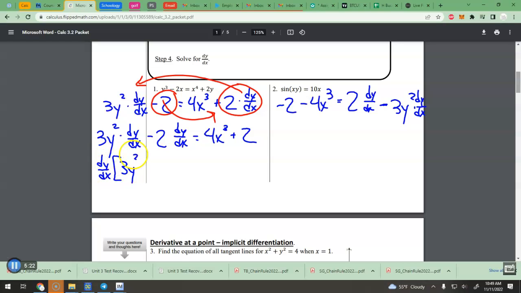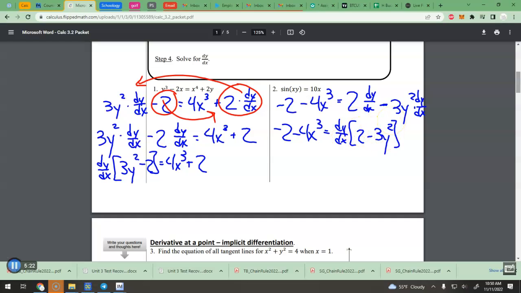So it'll be 3y squared minus 2. And then over here, I'm going to factor out dy/dx. So it'll be 2 minus 3y squared. You don't have to write down the right-hand side one. I'm trying to make a point, but the point doesn't really come till the end.